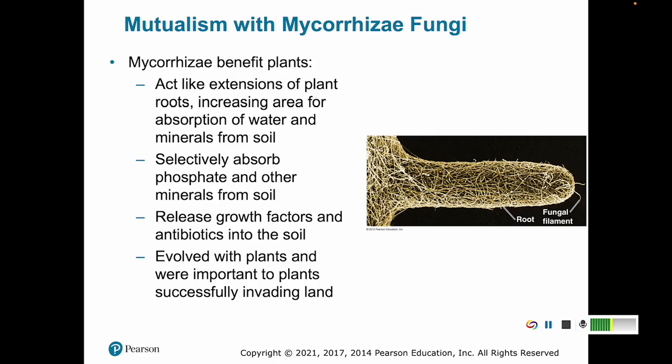They can selectively absorb phosphates and other minerals from the soil. They can release growth factors. They can release antibiotics into the soil. These mycorrhizal fungi have evolved with plants and were most likely important to plants being able to actually start growing on the land.